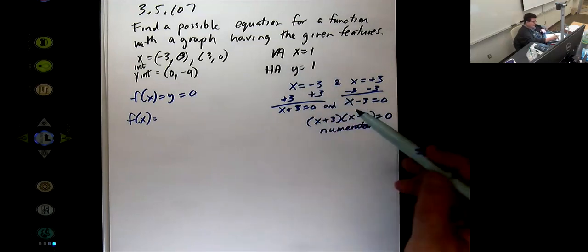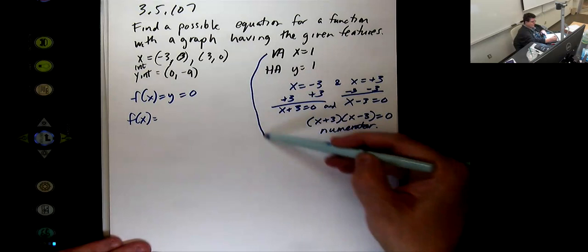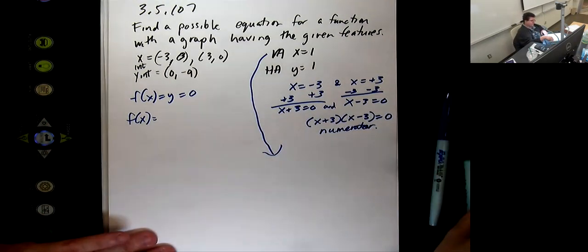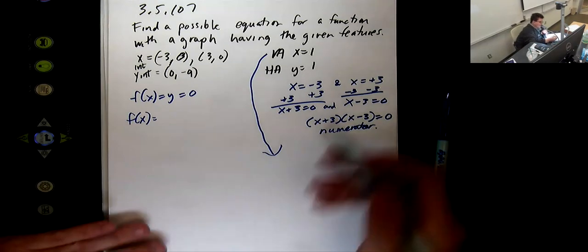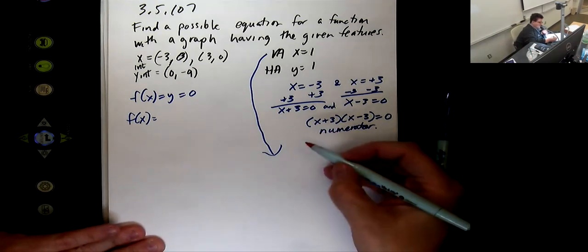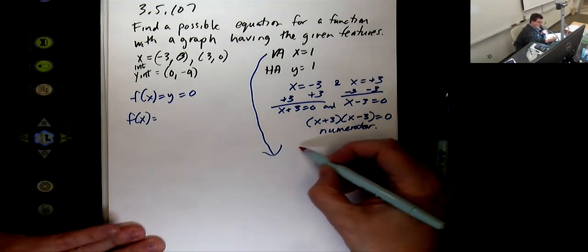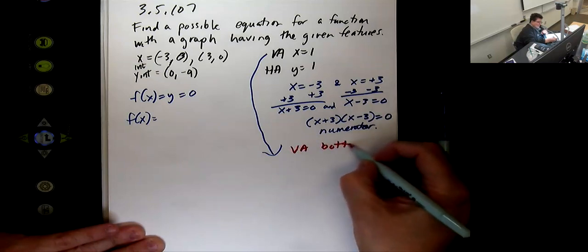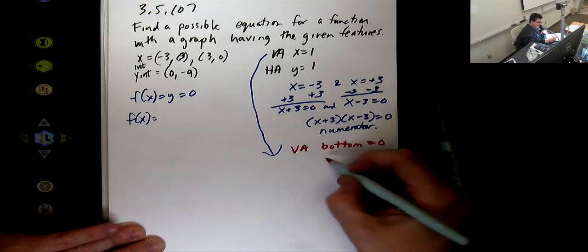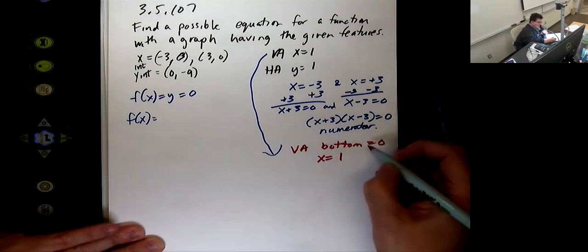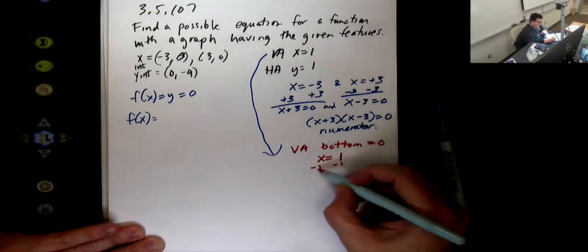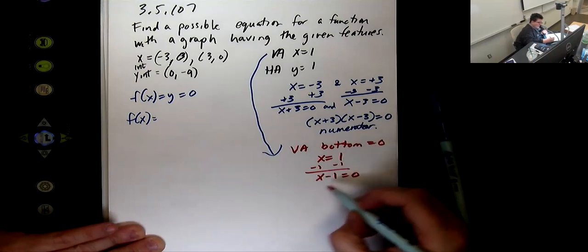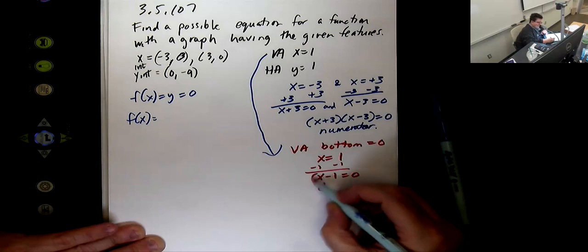The vertical asymptote tells us what's on bottom. It tells us where we have a vertical asymptote where the bottom equals 0. And so if x equals 1, then we subtract 1 from both sides, we get x minus 1 equals 0. The bottom must have this, so the denominator must have x minus 1.